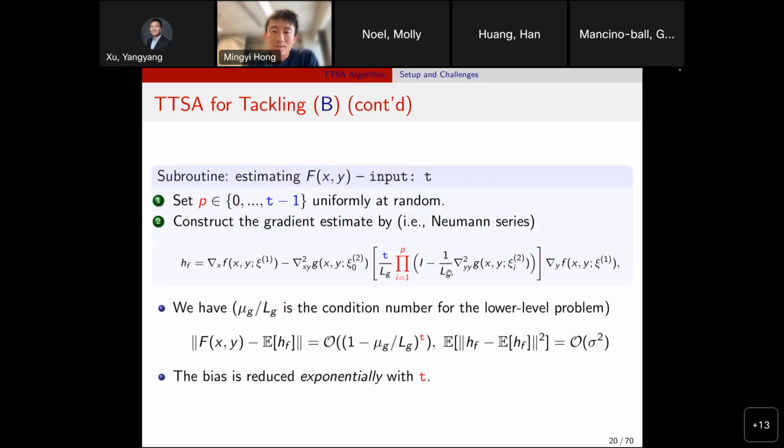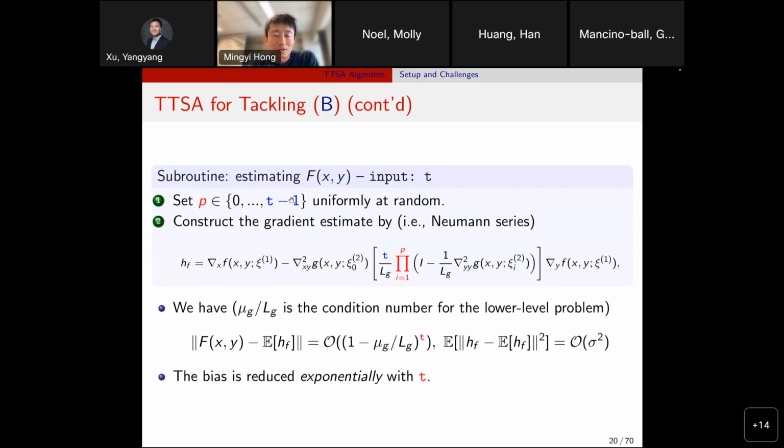If I do this, it turns out that we can show the following. The bias between the mean of this estimate and the function I want to approximate is bounded by 1 minus the condition number, mu g divided by LG, which is the condition number of the lower level problem, to the order of t.